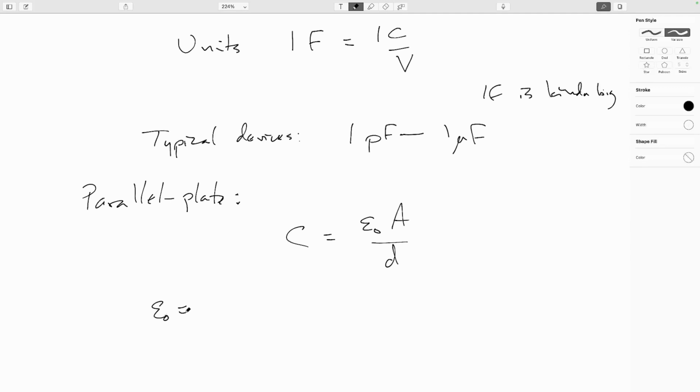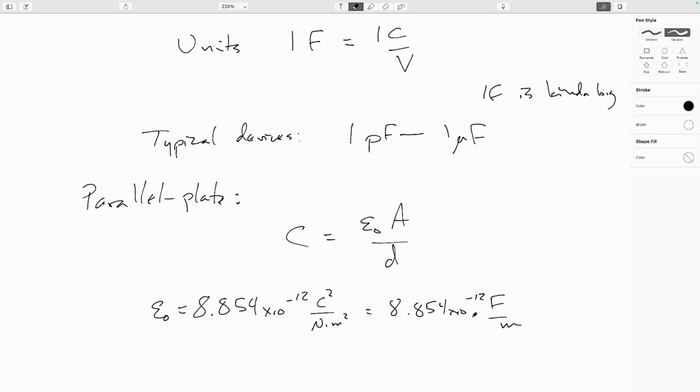Epsilon naught, just as a quick reminder, is our friend the electric permittivity of free space, which is basically just a name. It is 8.854 times 10 to the negative 12 coulombs squared per Newton meter squared. And you should be able to convince yourself that a coulomb squared per Newton meter squared is a farad per meter. So you can also write it that way if you prefer.